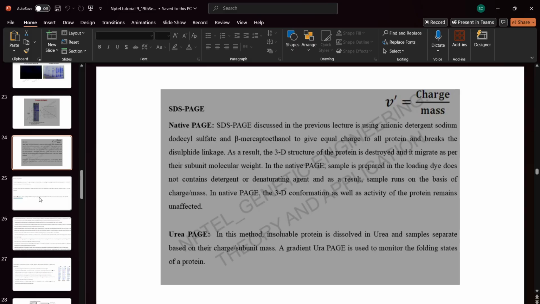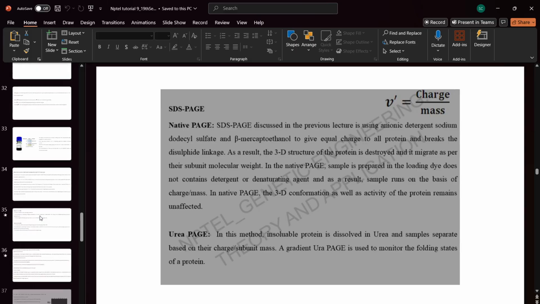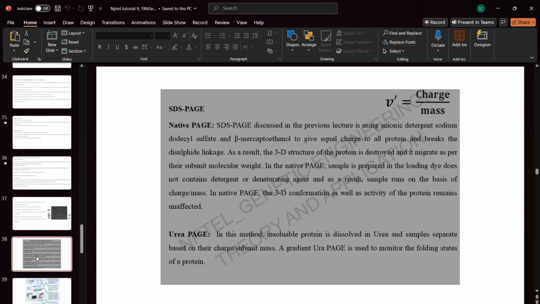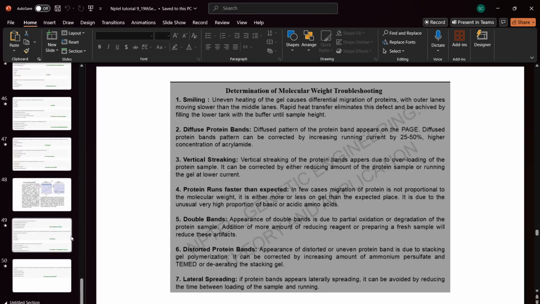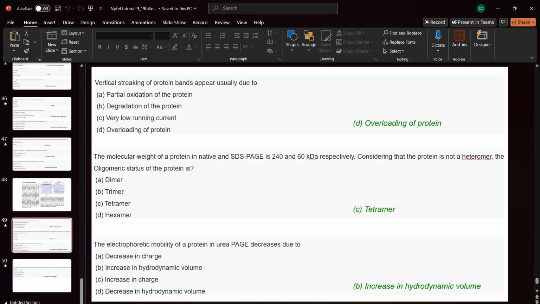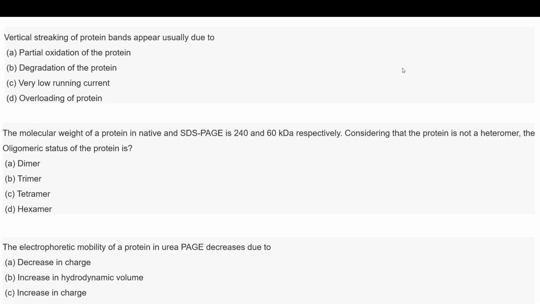If we talk about vertical streaking, it appears due to overloading of the protein sample. It can be corrected by either reducing the amount of protein or running the gel at lower current. So vertical streaking is due to overloading of the protein sample.